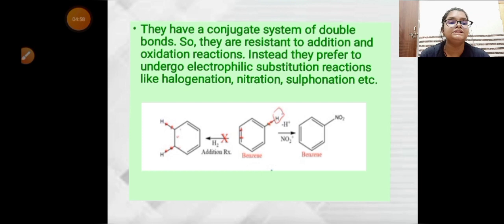So they are resistant to addition and oxidation reactions because in an addition reaction one bond has to be broken to form a new bond.